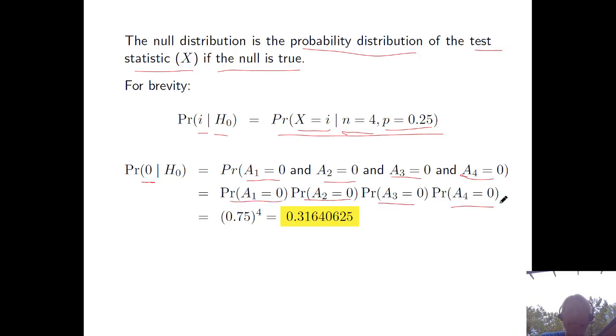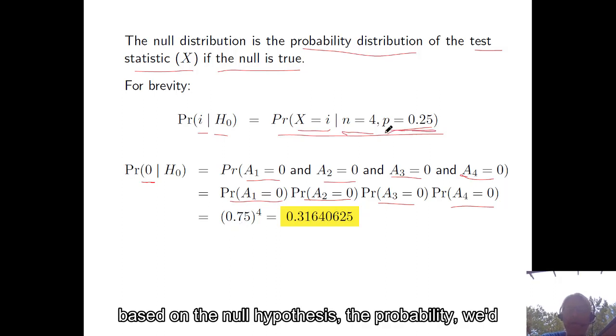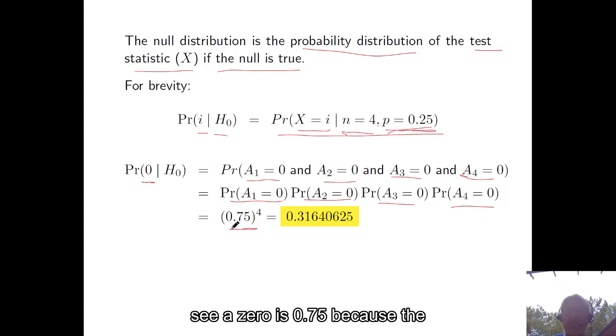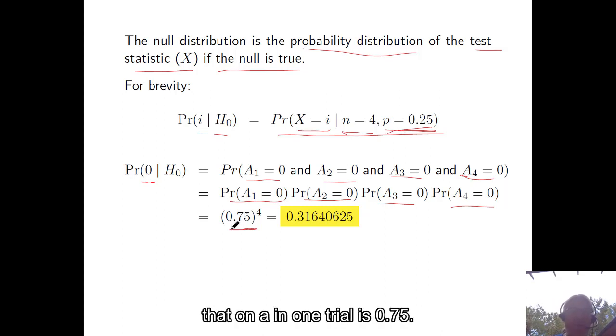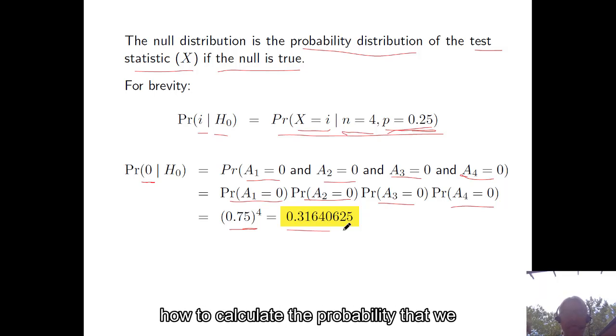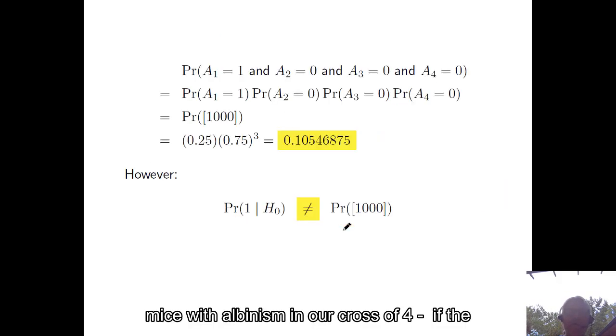And, based on the null hypothesis, the probability we'd see a 0 is 0.75 because the probability of seeing an albino mouse is 1/4. So the probability of not seeing that in one trial is 0.75. So 0.75 to the fourth power, and that's this number here, almost a third probability. Okay, so that's how to calculate the probability that we see 0 mice with albinism in our cross of 4, if the null were true.